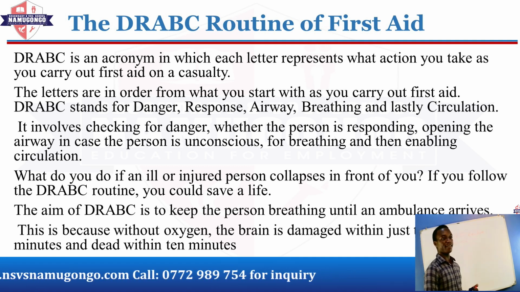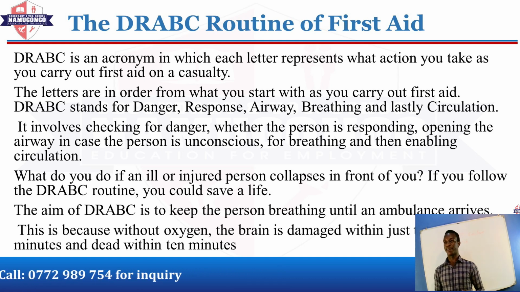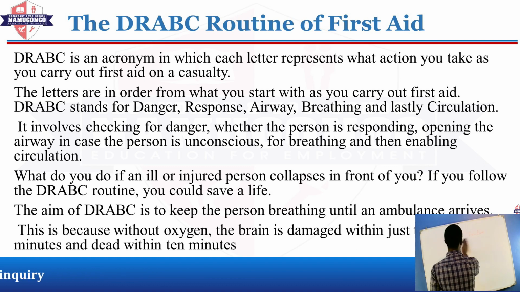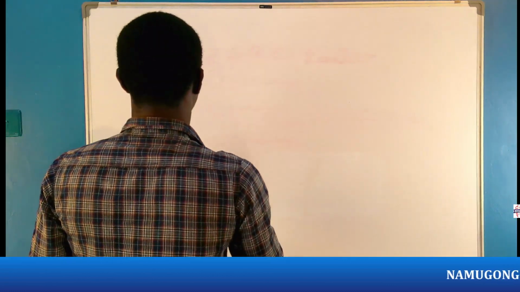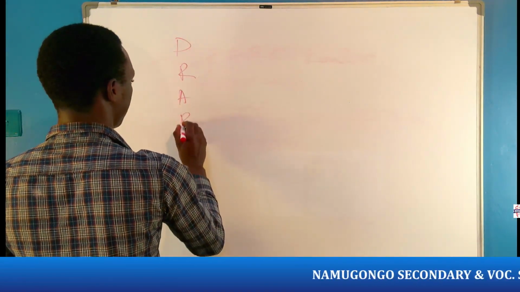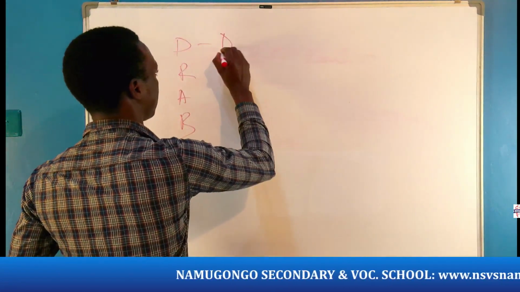The letters are in the order you start with as you carry out first aid. The DRABC stands for D, R, A, B, C. It stands for, first of all, danger.